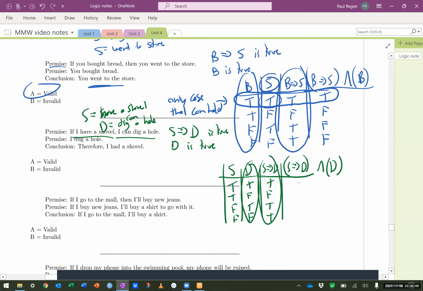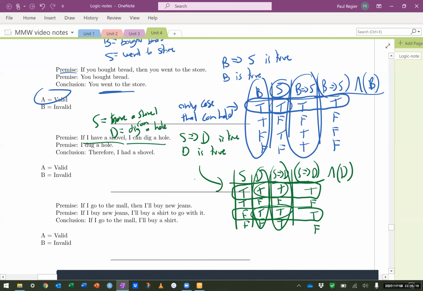So this case is true. This case is false. This case is true. This case is false. You know, these are the only ones where both hold. Okay. So either one of these cases can hold. This case or this case. One of these two cases.